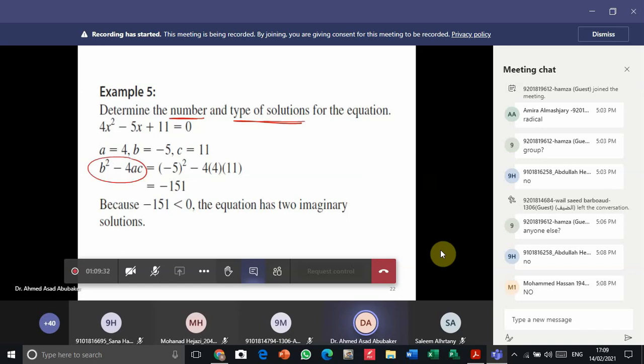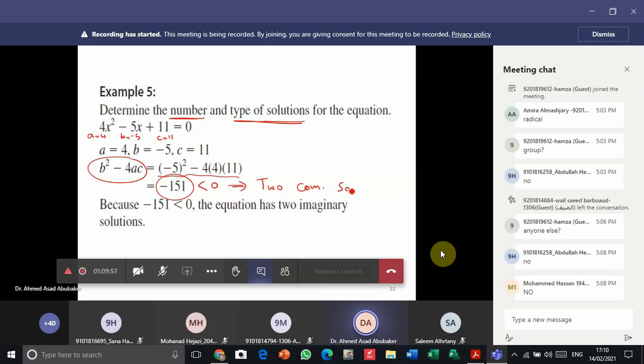What's the value of a? a equals 4, b equals -5, c equals 11. The discriminant is negative, so this is less than 0, so we have two complex solutions, or imaginary solutions. No problem. Imaginary solutions or two complex solutions, this is the same. Okay.